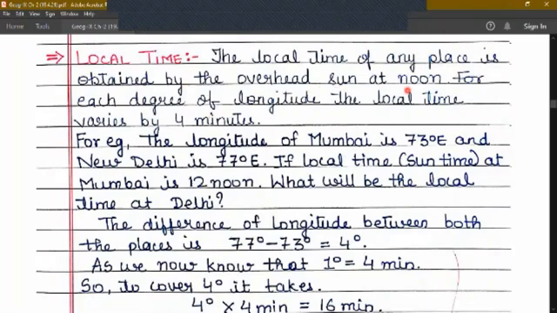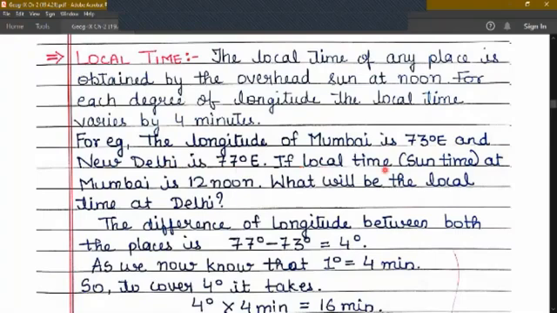I'm repeating it. The local time of any place is obtained by the overhead sun at noon time. For each degree of longitude, the local time varies by 4 minutes. For example, the longitude of Mumbai is 73 degree east and New Delhi is 77 degree east.